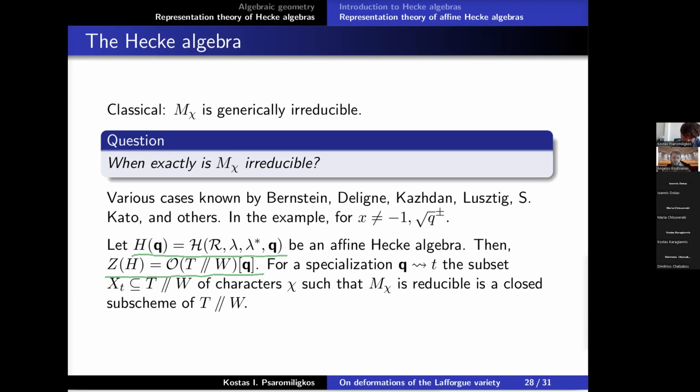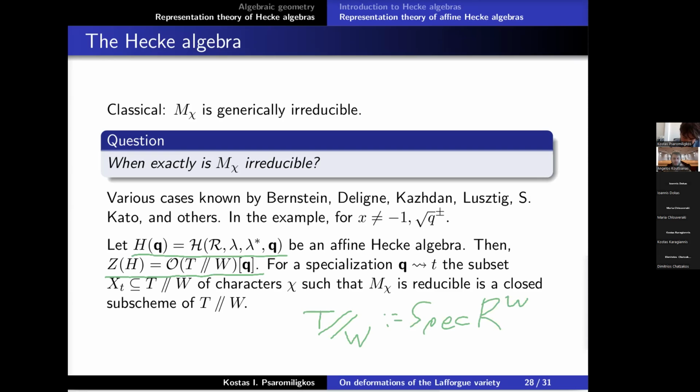Then, if you specialize the algebra at T, you can look at T mod W. Remember, we look at schemes in this talk mainly using this functor of points formally. So this is spec of R^W.